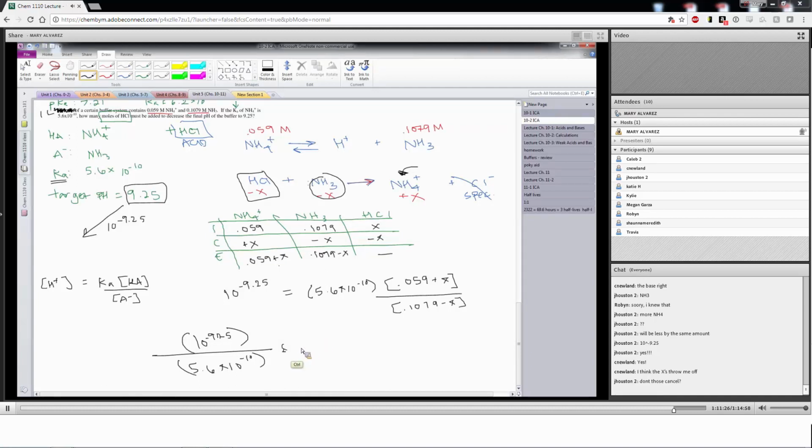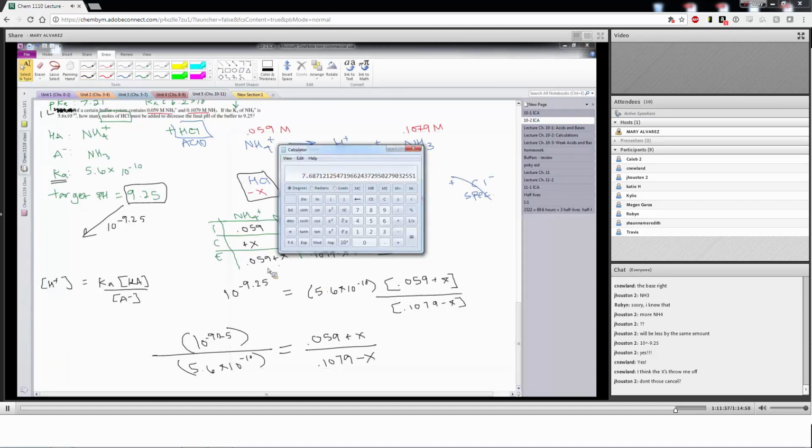This is going to equal 0.059 plus X divided by 0.1079 minus X. It'll be easier to do step by step.